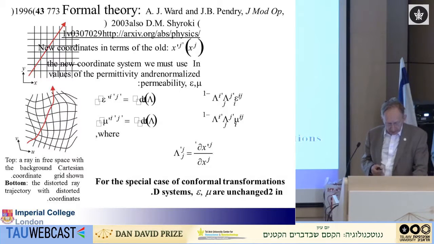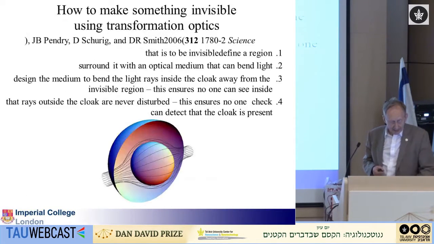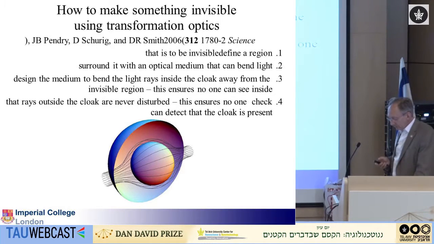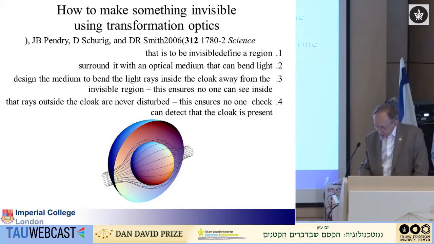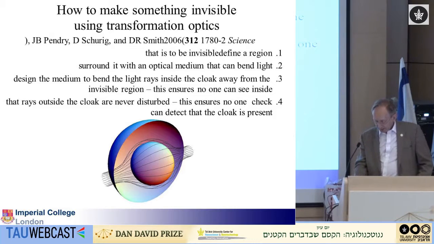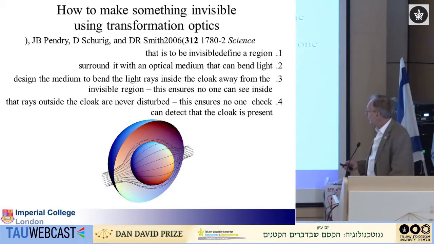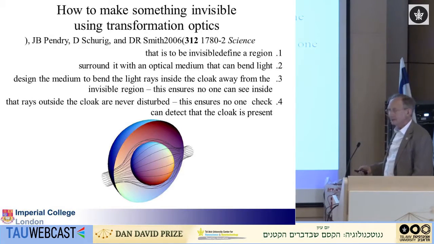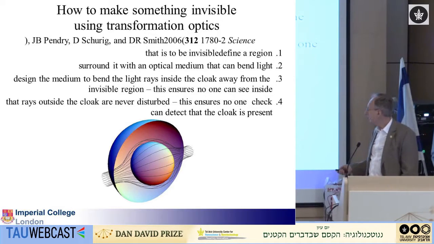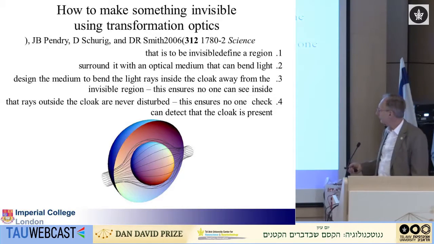Now, I don't want to talk about invisibility today because I've talked about it far too much, but I will mention it because it is a beautiful illustration of the power of this method. So very, very briefly, to make this central object invisible, what you have to do is to guide light rays around it and then have them emerge on the other side so that they're traveling in the same straight line as they would be if there wasn't anything there.